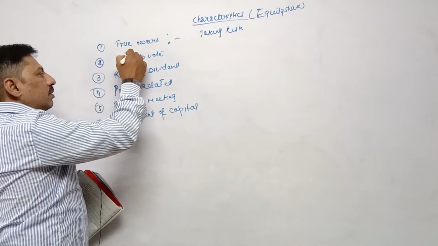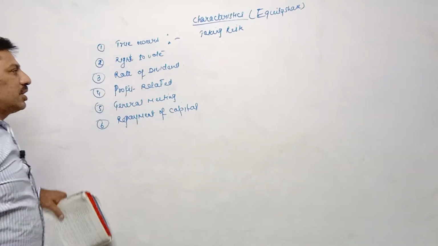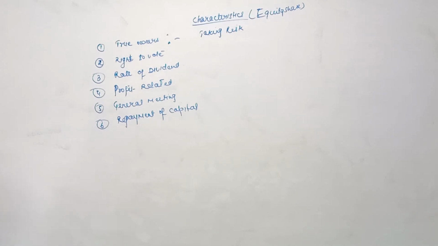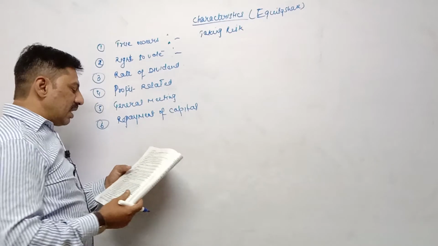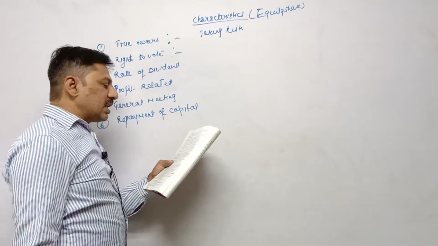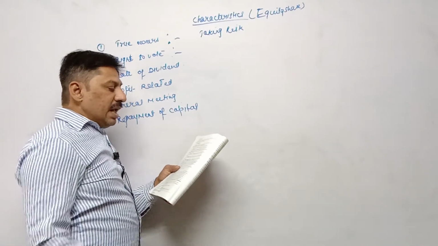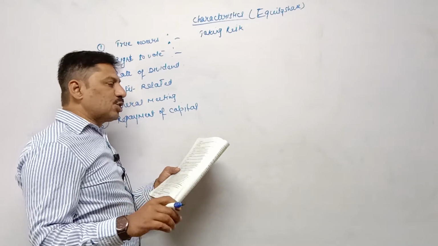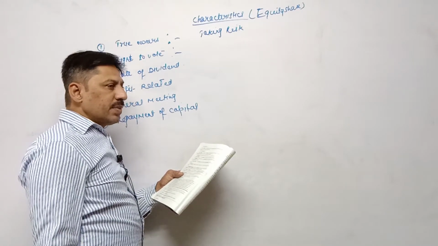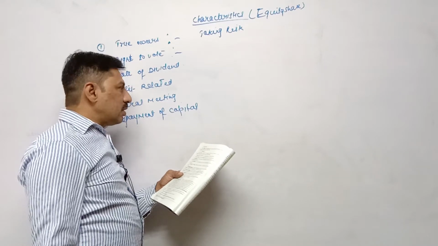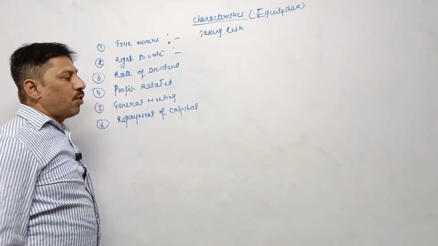Now, right to vote. The equity shareholders have right to vote in the meeting, to cast their vote in the meeting. One line explanation: equity shareholders have right to cast vote as per shares held by them. So whatever number of shares held by them, that number of votes they can cast.